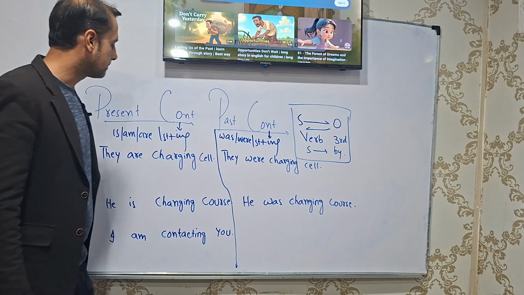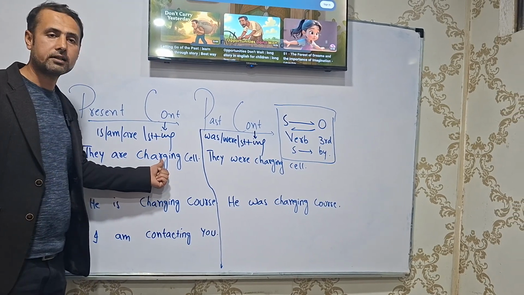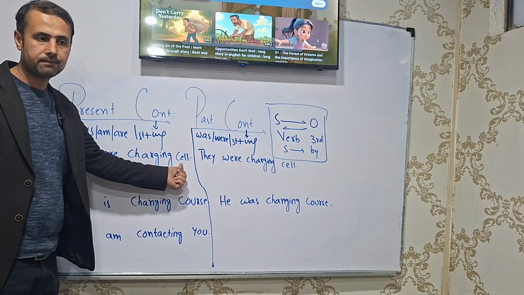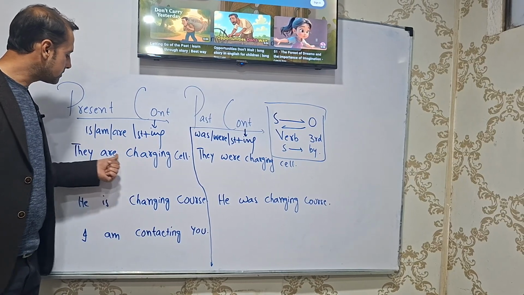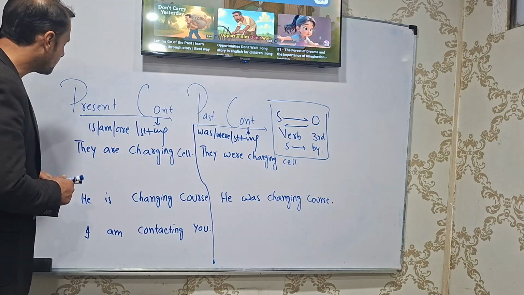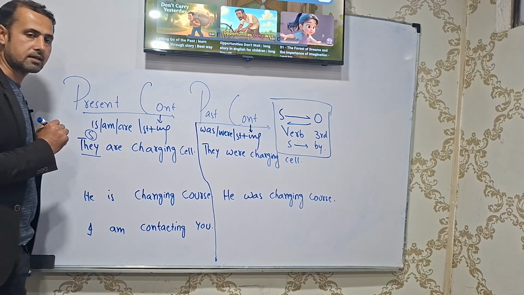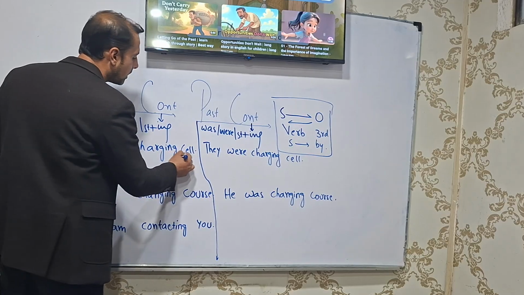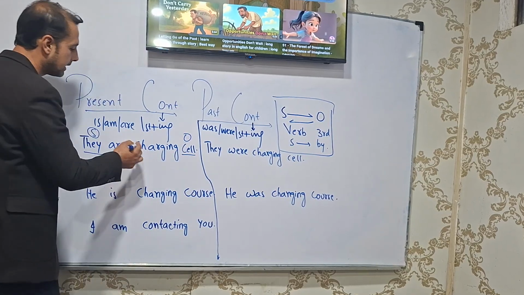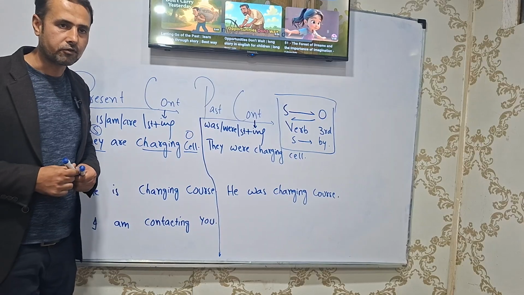In front of you, here we are having sentences. They are charging cell. Now with ing, we put before that are. My purpose is to identify, as usual, the subject, object, and then I would look into the main form of the verb.